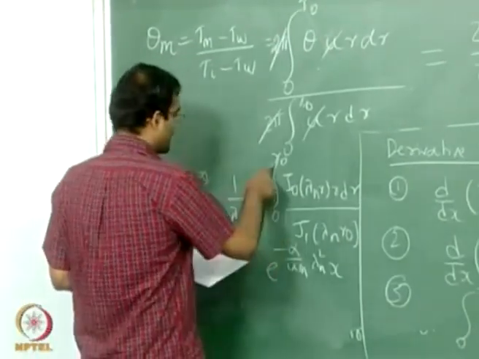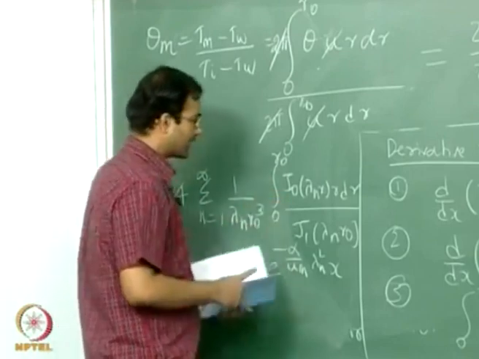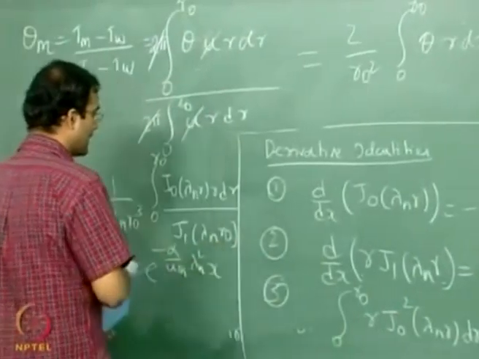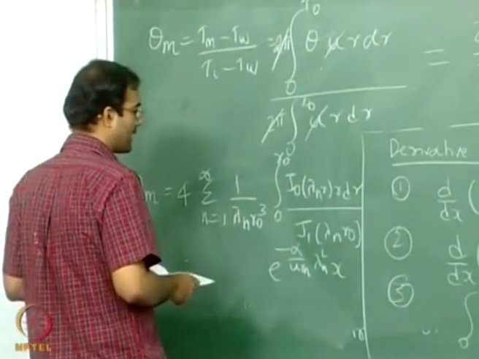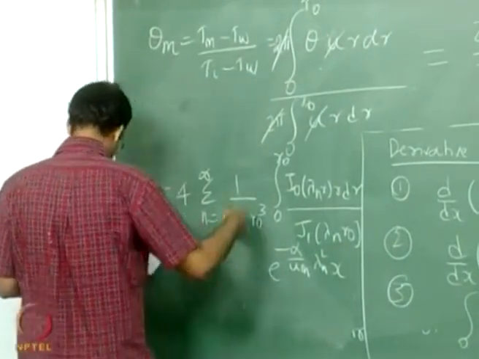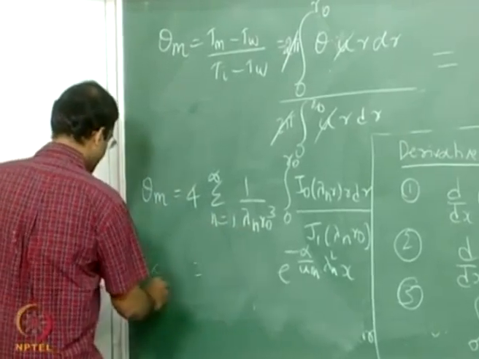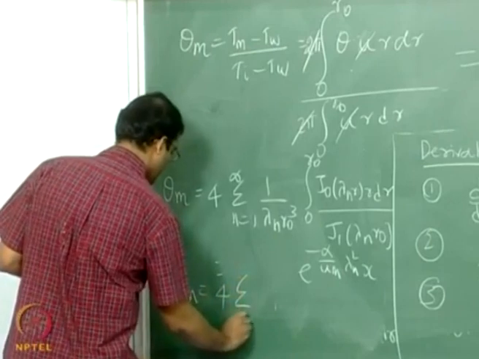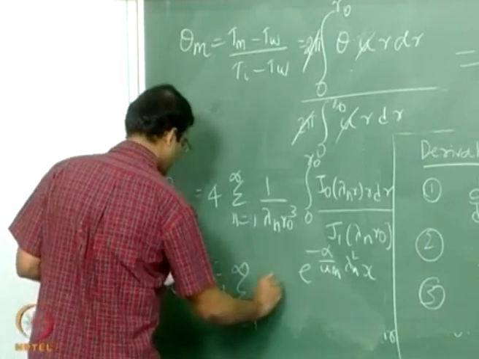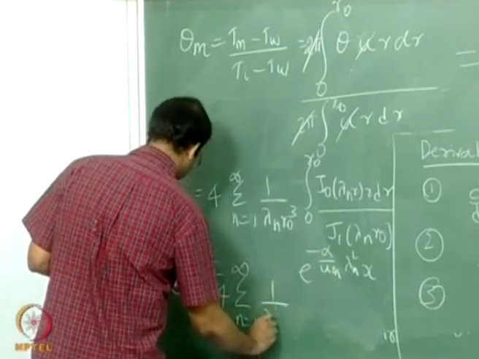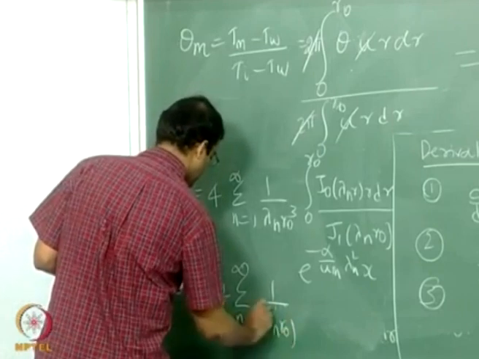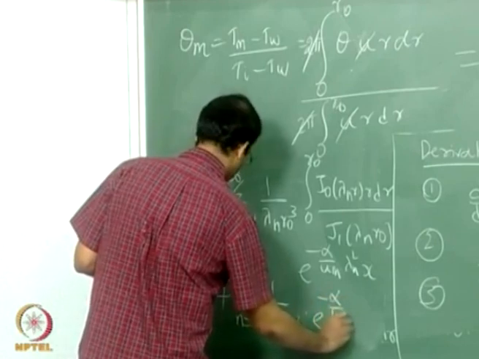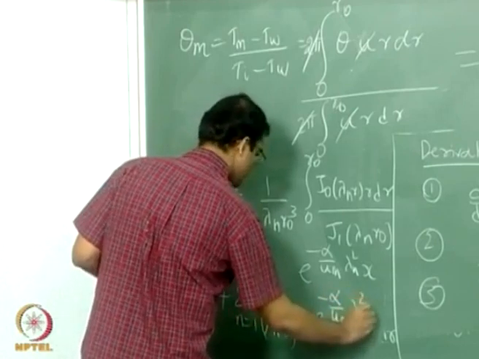So integral 0 to r naught J0 lambda n into r, so already we have that identity. So that will be r into J1 lambda n r divided by lambda n. So if you put that and you manipulate it, finally you get your expression for theta m as 4 times, you please check this, 1 by lambda n r naught the whole square into e power minus alpha by um into lambda n square x.